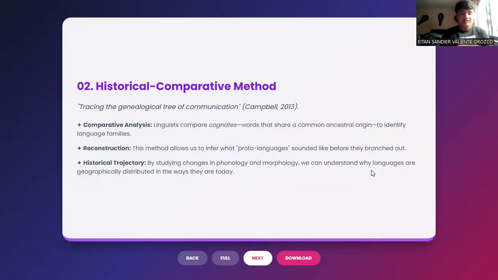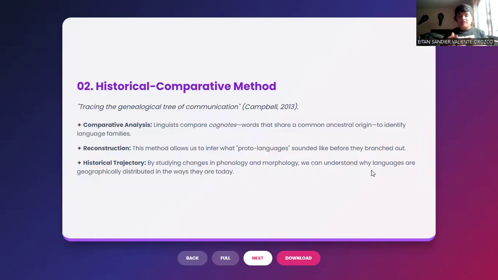So, the historical comparative method, tracing a general tree of communication. You have here three statements: comparative analysis, reconstruction, and historical trajectory. In comparative analysis, linguists compare cognates, only the words sharing a community.